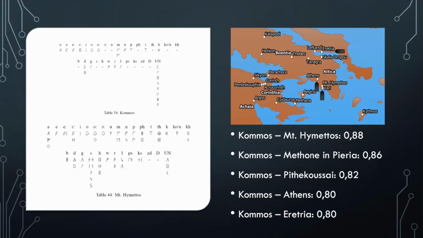Given that the evidence for Cretan, Attic, and Euboean sites seems to be reliable, as discussed earlier, this suggests that overall the writing found in Commons is closer to that of Attic and Euboean poleis and colonies.